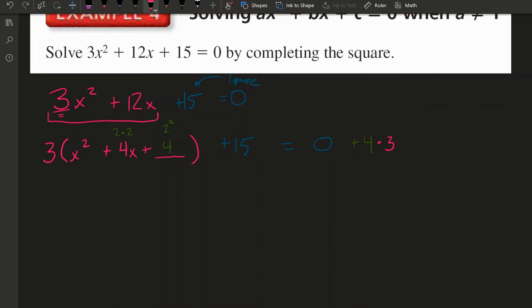On the left side, I added 12 by adding a 4 on the inside of the parentheses where it got multiplied. On the right side, I just directly added 12. So now this is going to look like this: 3, this is going to simplify to x plus 2 squared plus 15 equals 12.